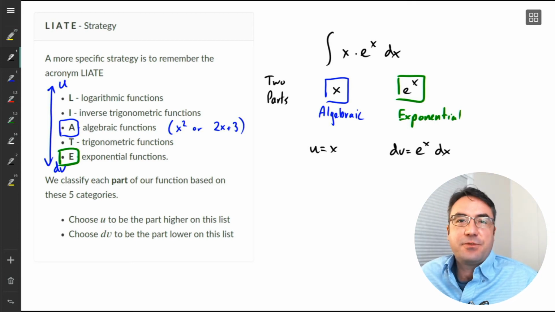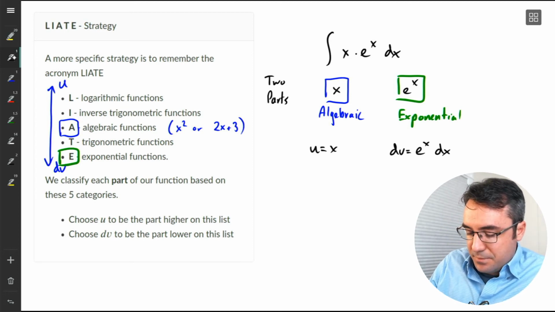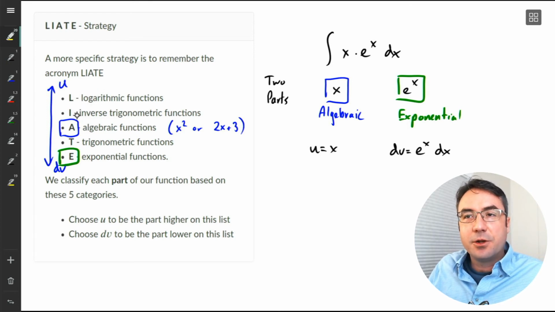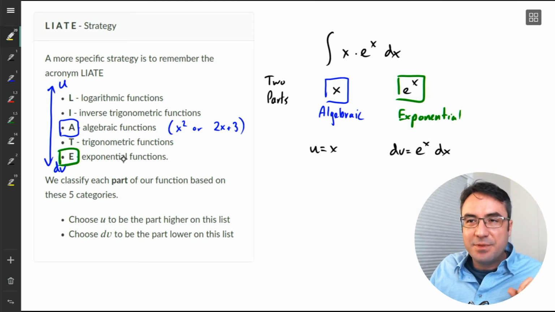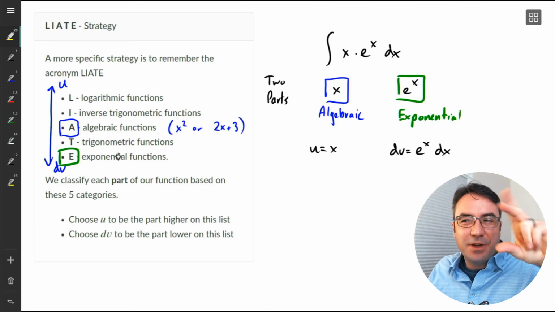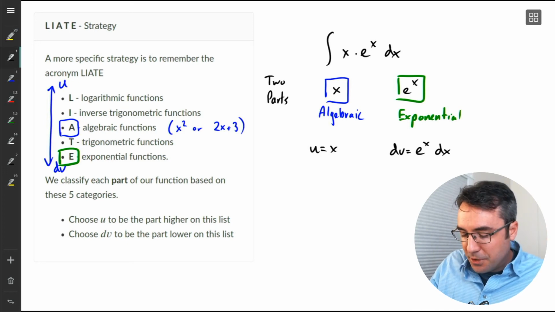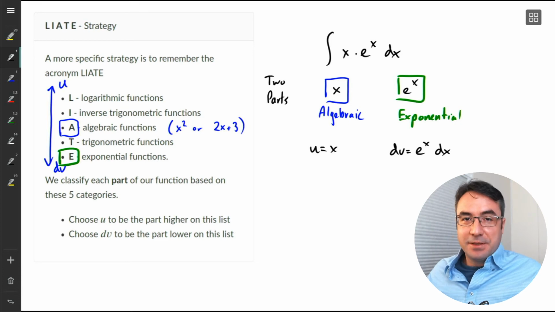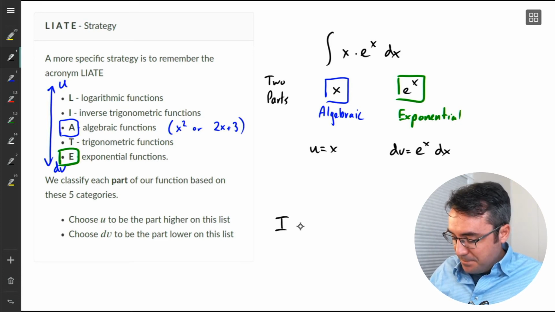And there's some flexibility here. You can play around with the ordering a little bit. So log functions and inverse trig functions, you could switch the order of those. Same thing with trig and exponential functions. A similar acronym that might be a little bit easier to remember is ILATE.